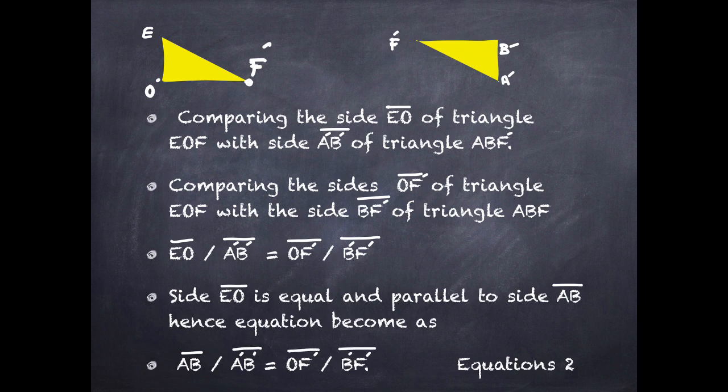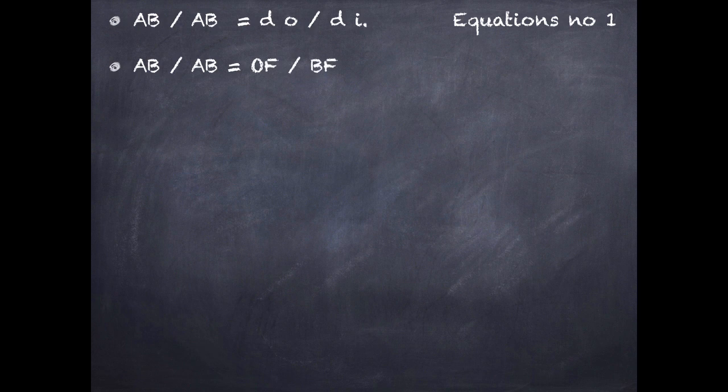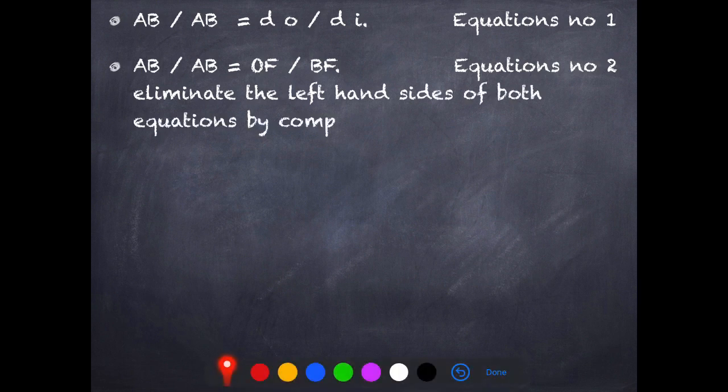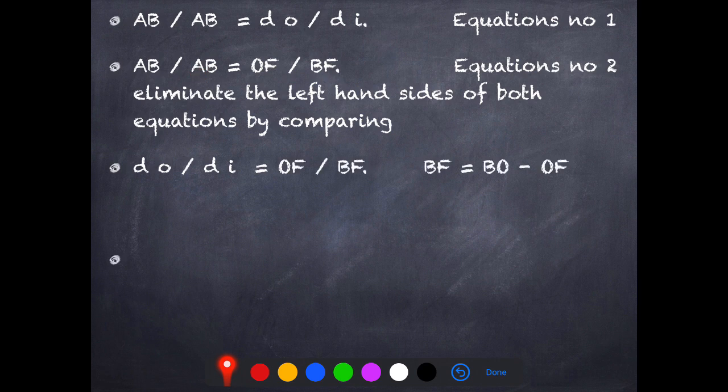Rewrite equation number 1 and equation number 2. As you can see, the left hand sides of both the equations are equal. We can eliminate the left hand sides by comparing the two equations, as the left hand side will cancel and the right hand sides of the equations will be as shown.